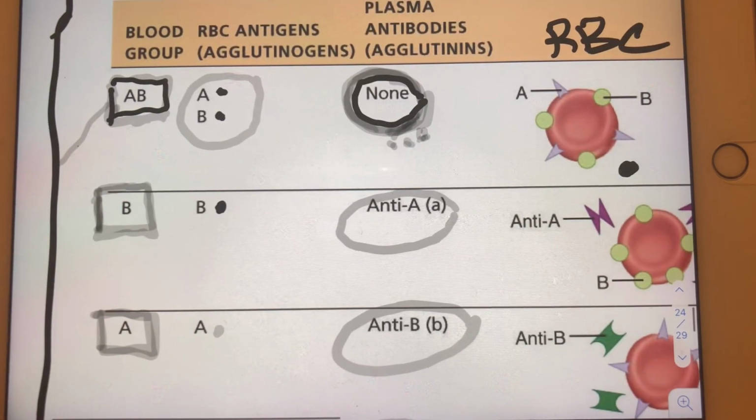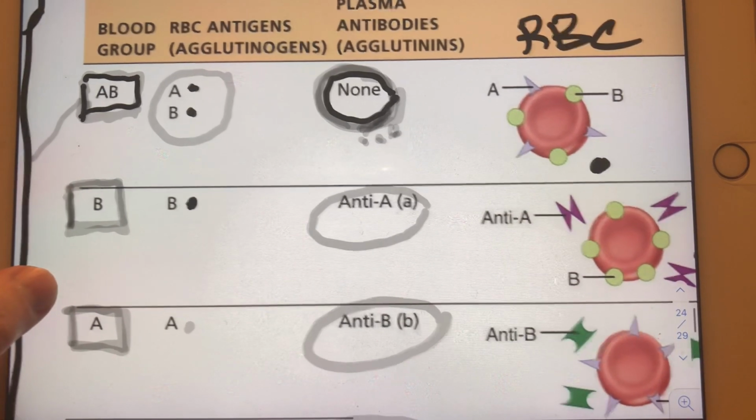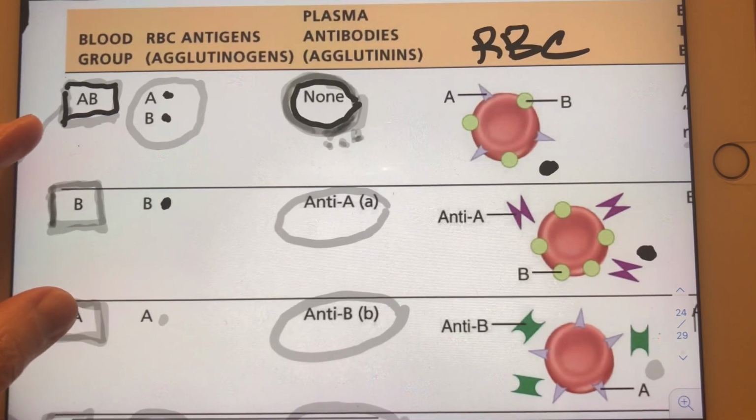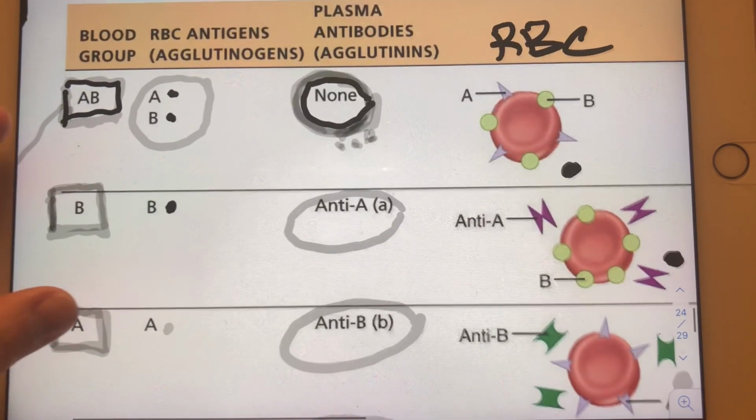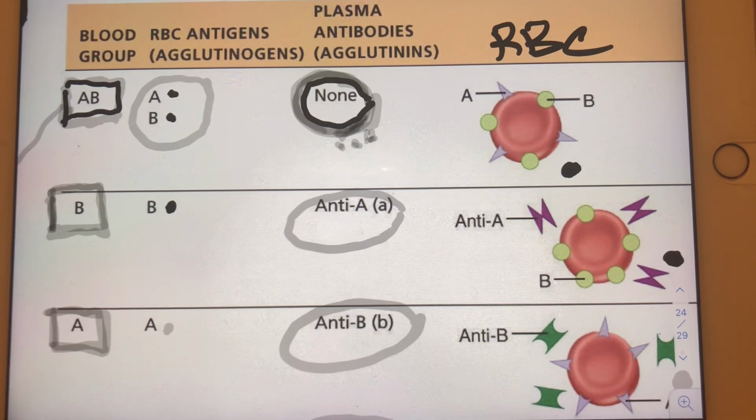Okay, so this person is not going to generate any anti-B antibodies, because if they did, they would attack themselves.